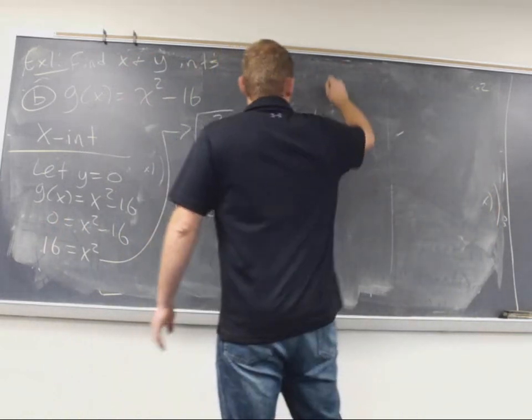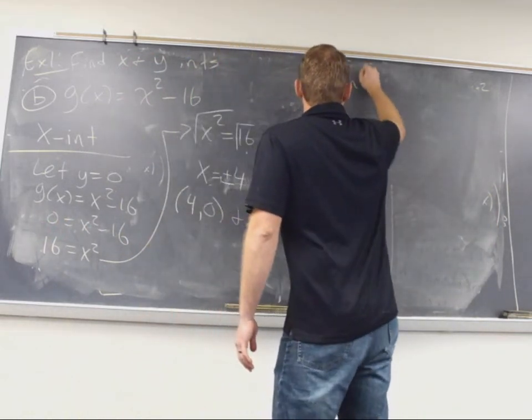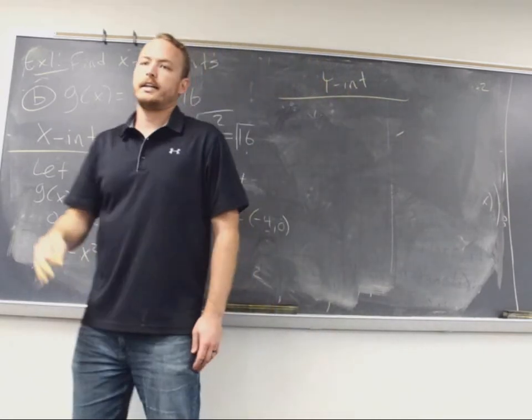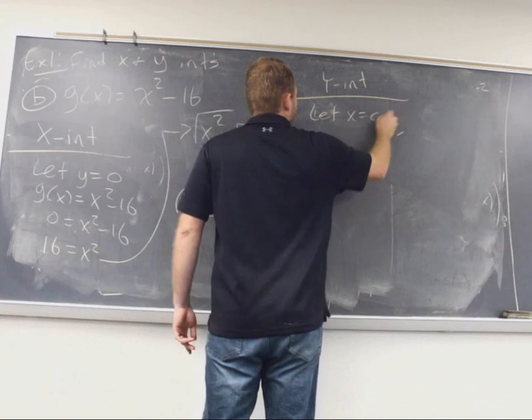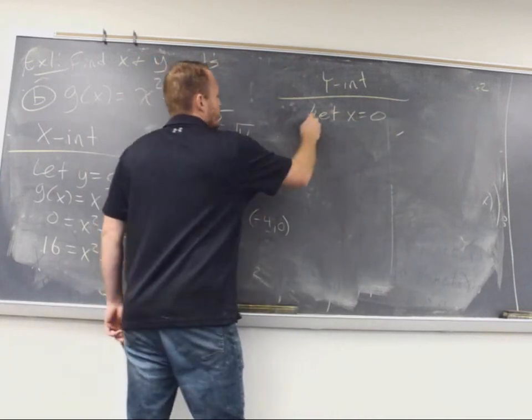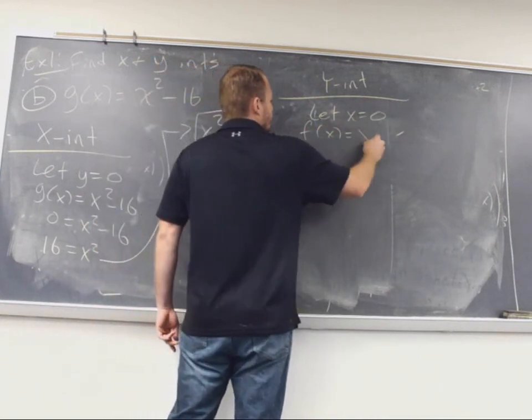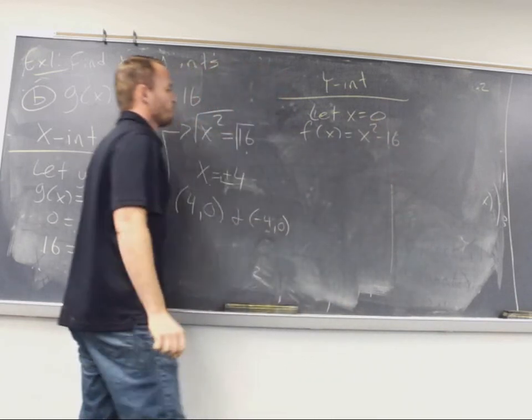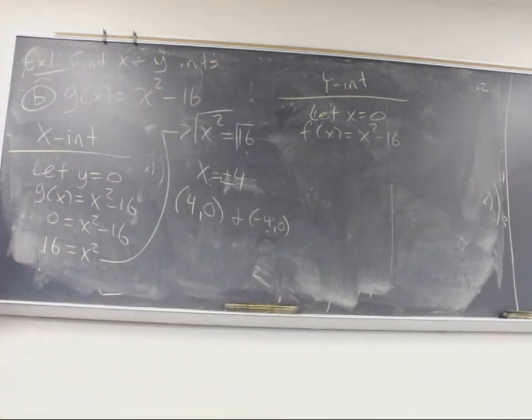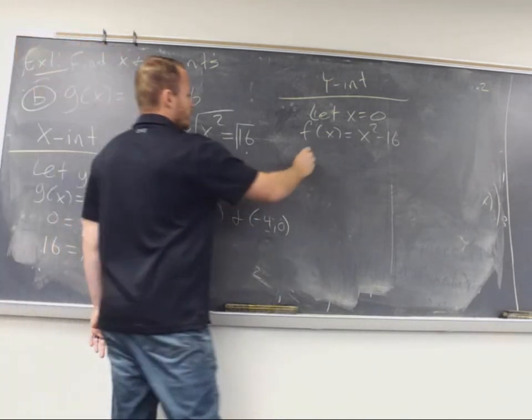And then the y-intercept, I'm finding y, I let the other be 0. Let x equal 0. And then just for good practice, I'm going to write my function. Now I replace all the x's with 0.